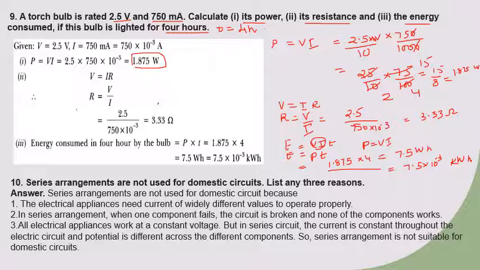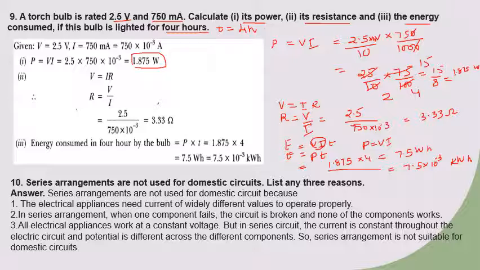Now second question: series arrangement is not used for domestic circuits. Give any 3 reasons. The first reason is electric appliances need currents of widely different values to operate properly. Every electrical appliance needs a different type of current, so we cannot put them in series. Then in series arrangement, if one component or one piece of equipment fails, the whole circuit gets broken.